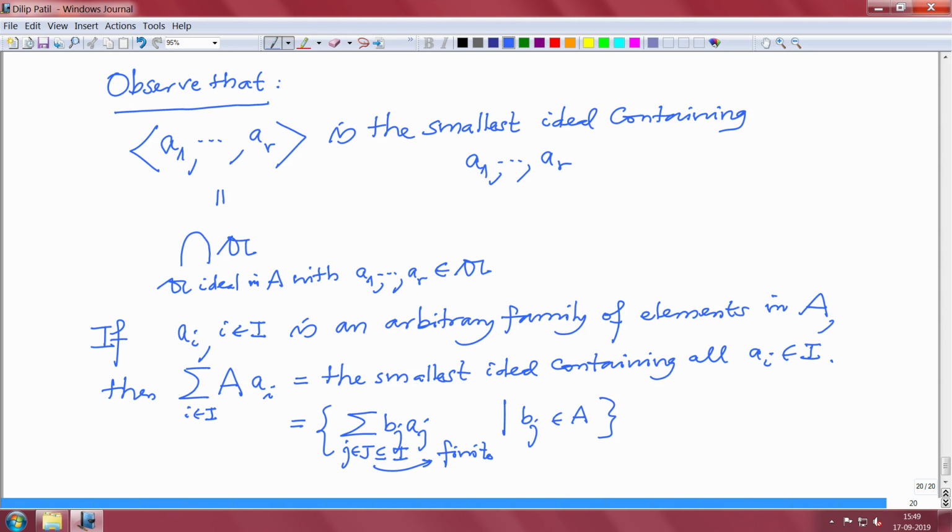So, therefore, this is an ideal, and this is called the ideal generated by the family a_i.